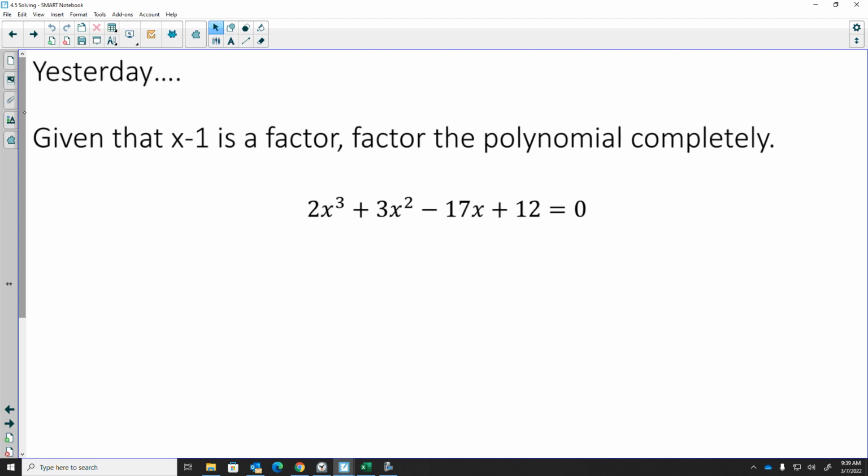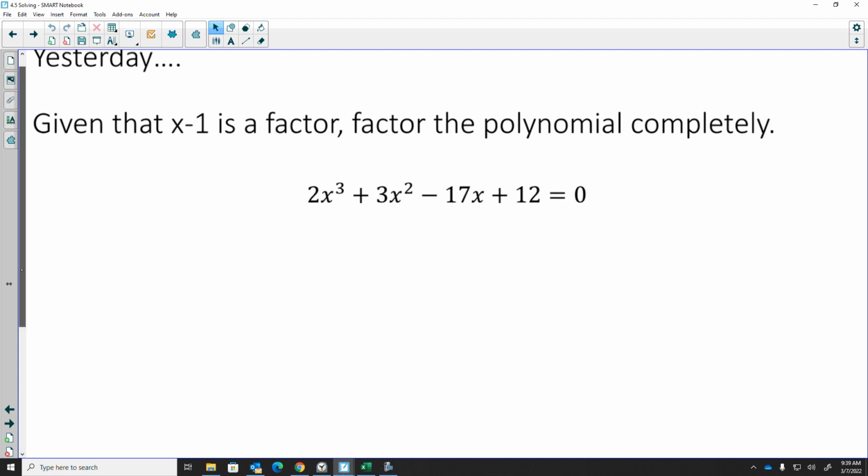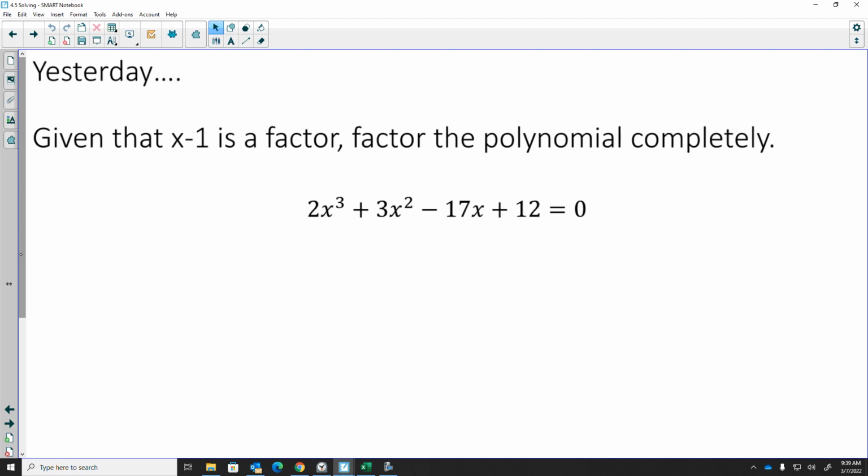Okay, it says yesterday, but by yesterday, I mean Friday. We were doing problems like this. It says, given that x minus 1 is a factor, factor the polynomial completely. So let's just run through this real quick. We've done a couple of these by now.